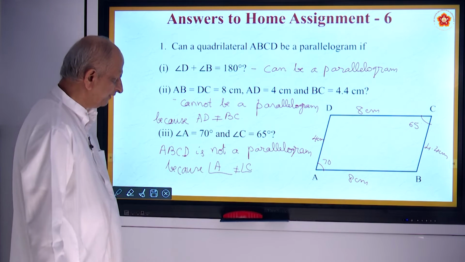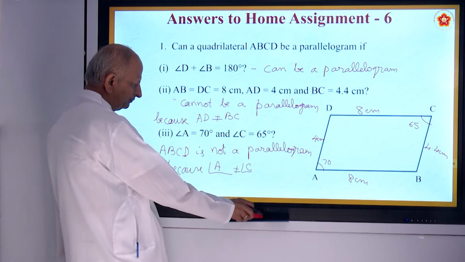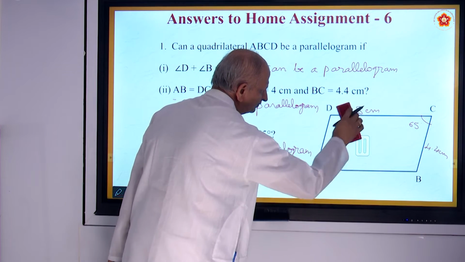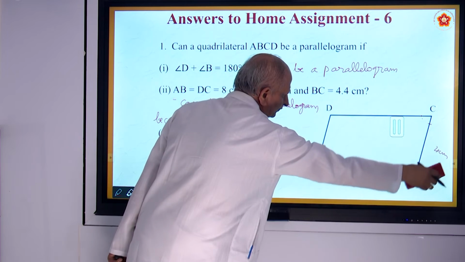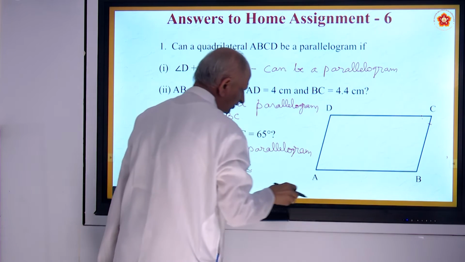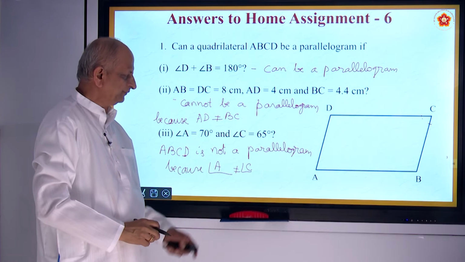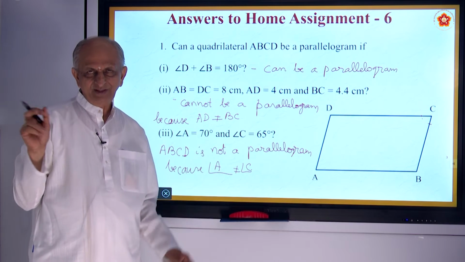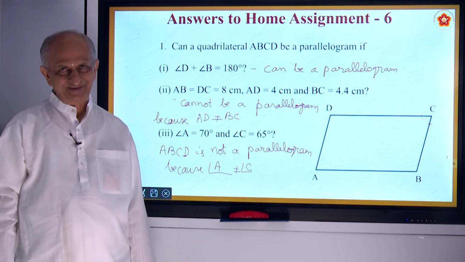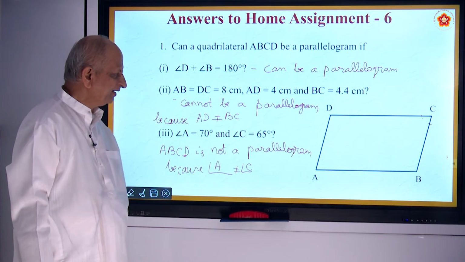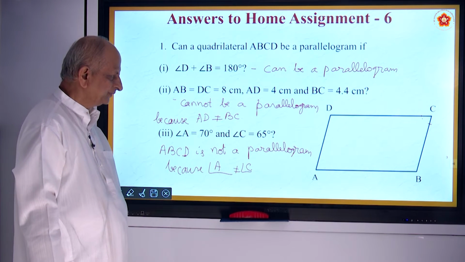What is angle C given? 65. So, as the opposite angles are not equal, it is not a parallelogram. So, A is not equal to C, therefore, it is not a parallelogram. Understood? It is called understanding questions. If you understand the properties only, you can write the answers.